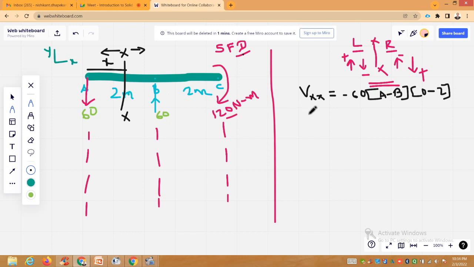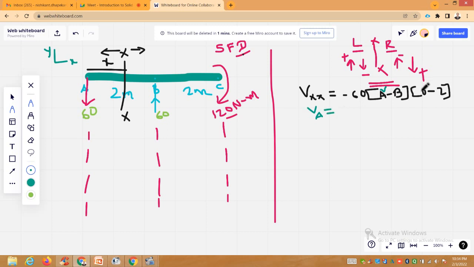Now you try to calculate at two different points the values of shear force. First of all, calculate at A. Remember, when we are determining the shear forces, no need to multiply force with distance, because shear force is force itself. In moment you have to multiply with distance.